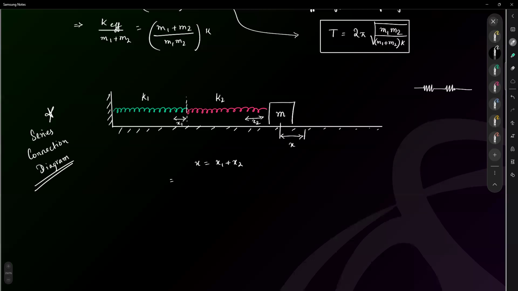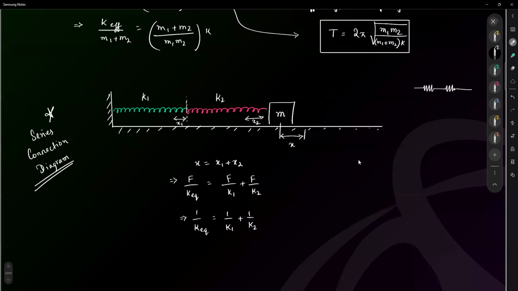What is X? F by K equivalent. This should be equal to F by K1 plus F by K2. So 1 by K equivalent will be equal to 1 by K1 plus 1 by K2.